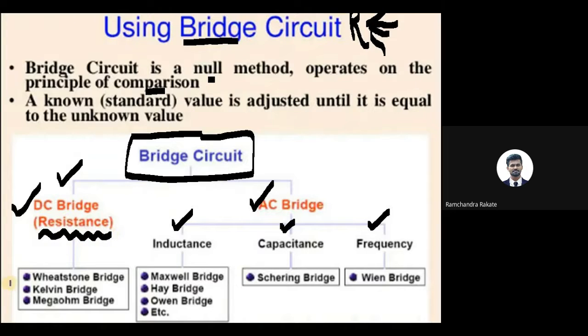For that we have three methods: Wheatstone, then Kelvin, and then the megohm bridge. Apart from that, we will look into these two methods, Wheatstone bridge and Kelvin bridge. For inductance we have Maxwell, Hay's bridge, and Owen's bridge. For capacitance we have Schering bridge, and for frequency we have Wien bridge.